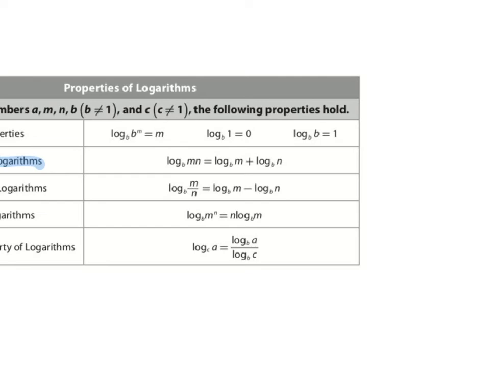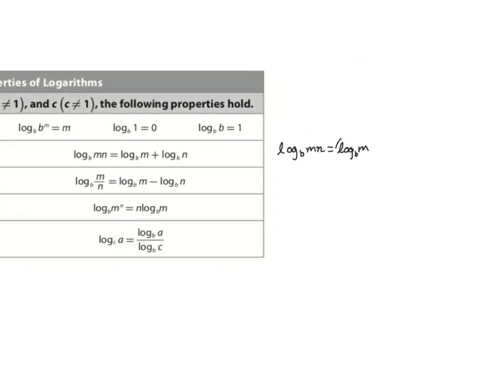A really common mistake I see is maybe people say that the log base b of m times n equals the log base b of m times the log base b of n. So that's not how logarithms work. Just because this is a product doesn't mean that we multiply two separate logarithms. Notice it becomes a sum of two separate logarithms.